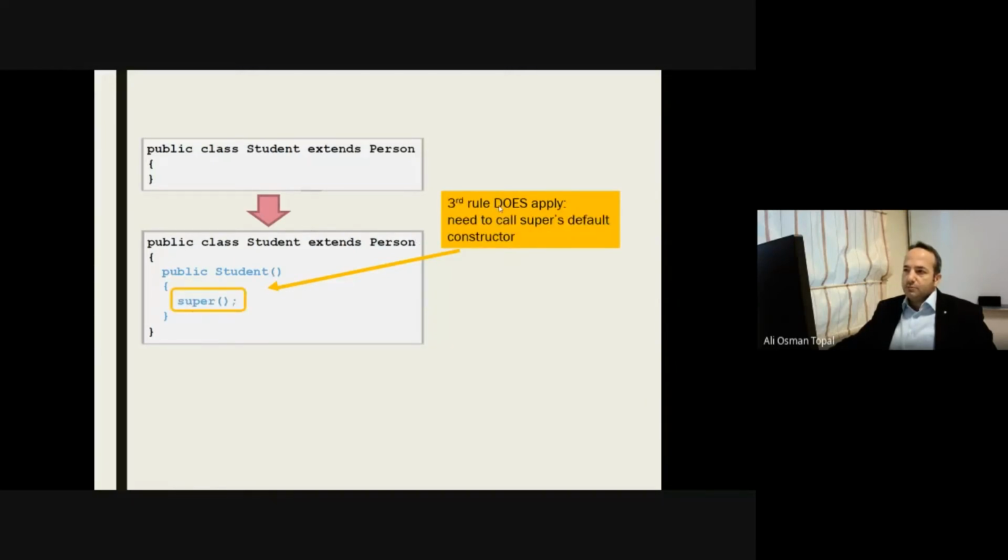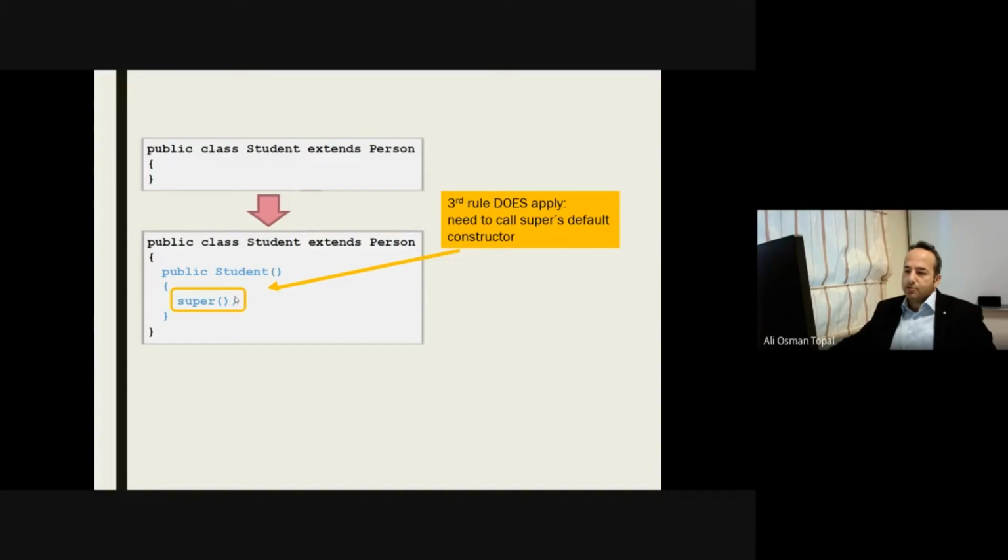Third rule, again it applies because I didn't call the super's default constructor. I have this no argument constructor. In that one, it is going to call the superclass no argument constructor. Okay? This part is very important.